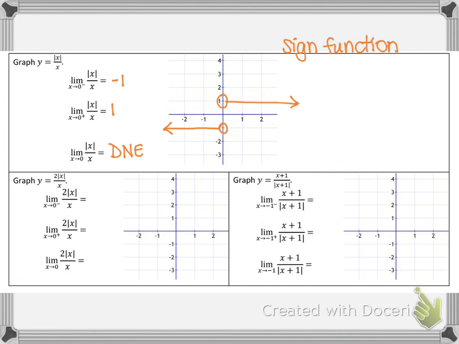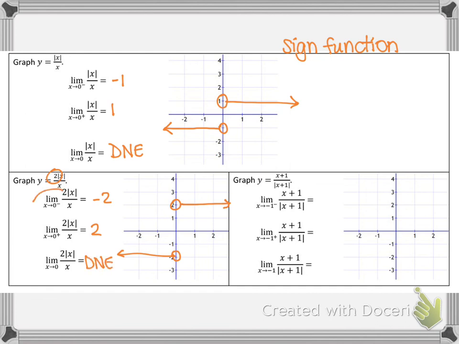Okay, at the bottom here, we're going to use that same function, but we're multiplying by 2. What that 2 does is it's a vertical stretch. So same graph, except the y values get doubled. Still undefined when x equals 0. So all that changes is our left-hand limit is now -2, right-hand limit is 2, and our overall limit does not exist.